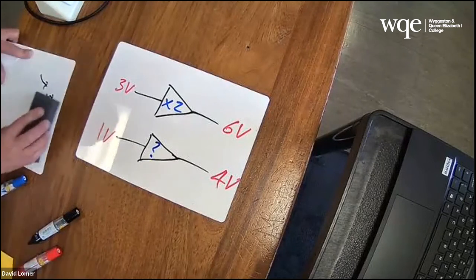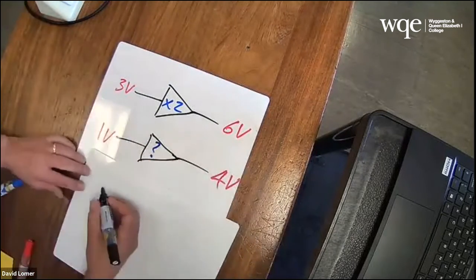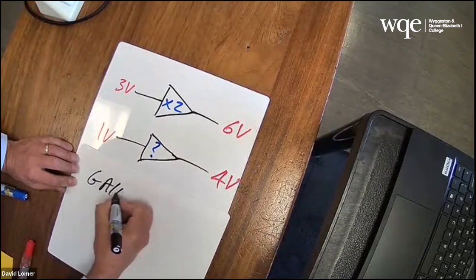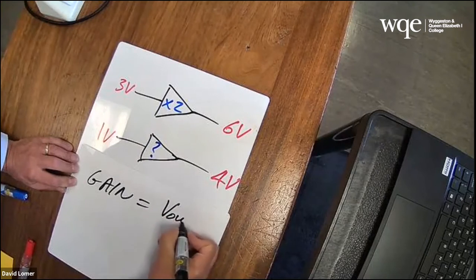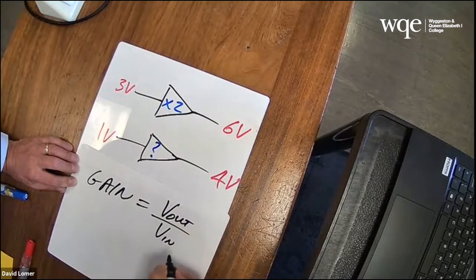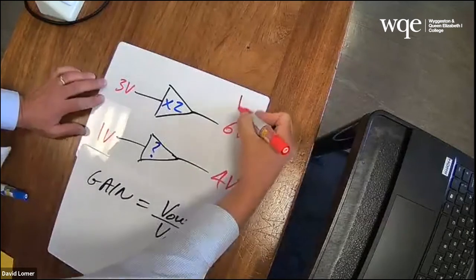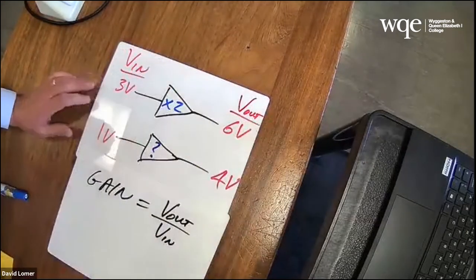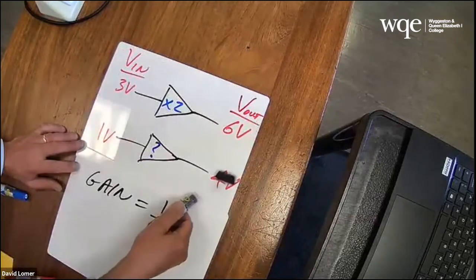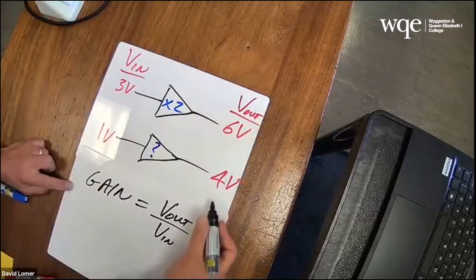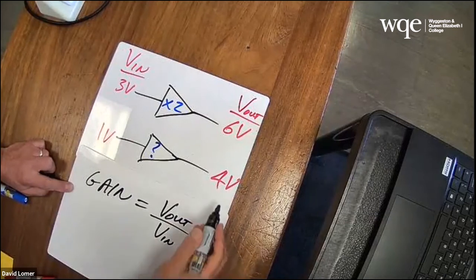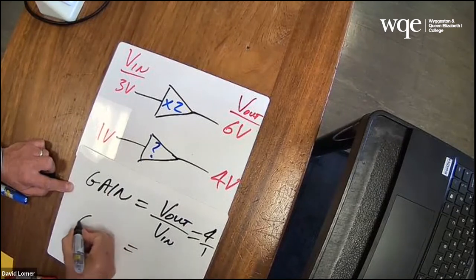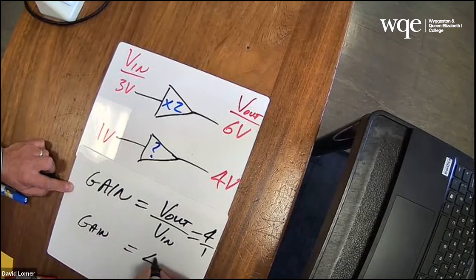So the gain is given by V out over V in. Of course, this is V out, that's V in. So here we've got 4 volts on the output, 1 volt on the input, so the gain is 4.